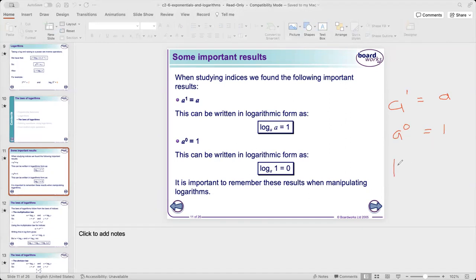So when you say log a of a, it will be equal to 1, and log a of 1 equals 0.